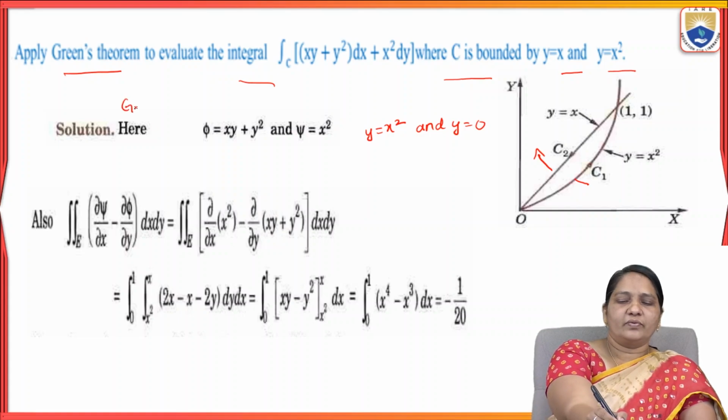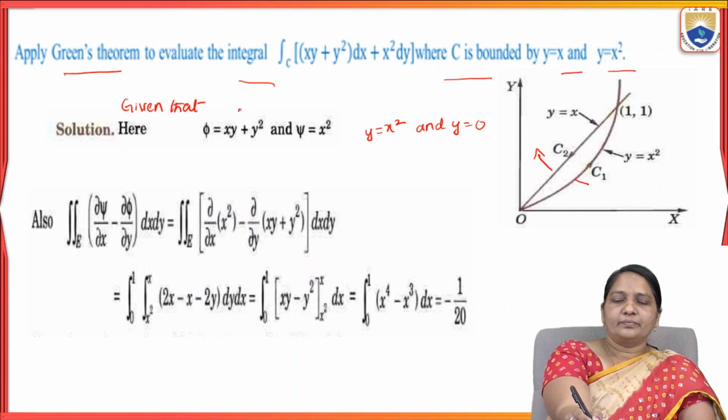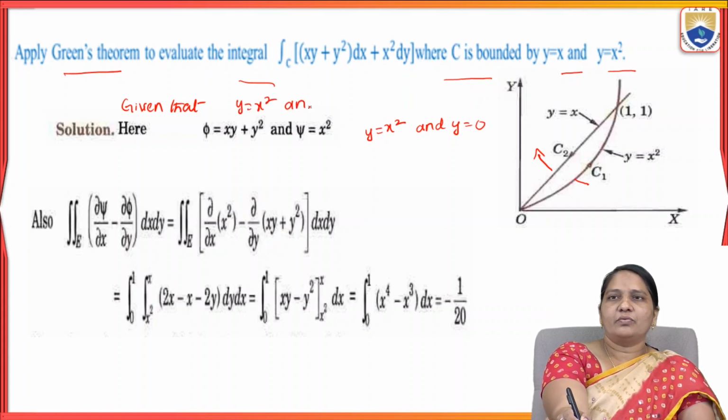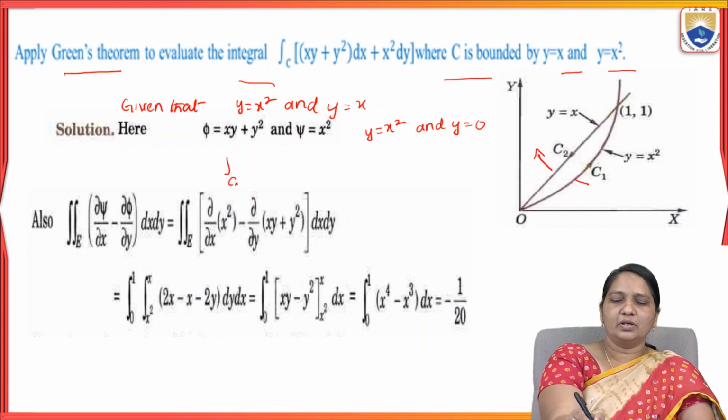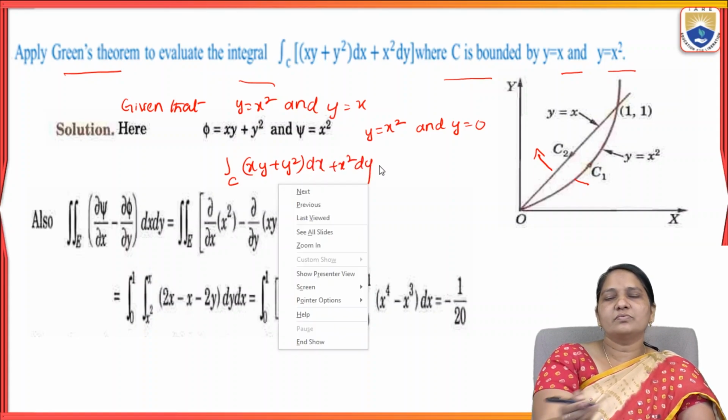So given that, y equal to x square and y equal to x curve, and we are going to integrate this one: integral over c of xy plus y square into dx plus x square into dy. This value we are going to evaluate.